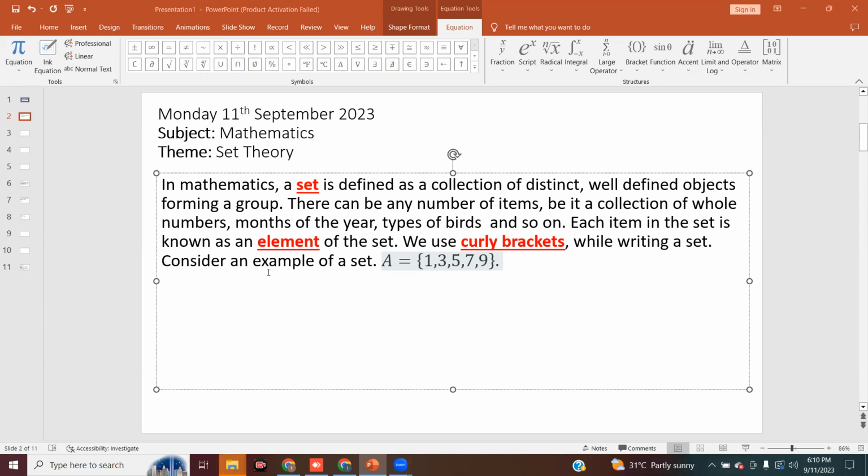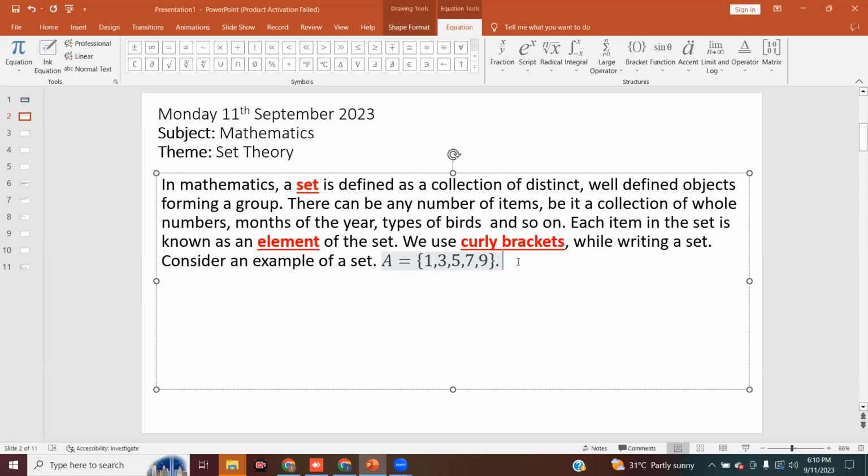Alasia, what are the elements in the set? The elements of set A are 1, 3, 5, 7, and 9. Very good. And Ajani, what are the elements of set A? 1, 3, 5, 7, 9.